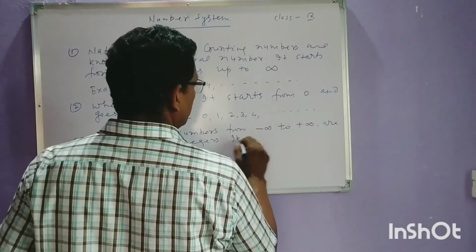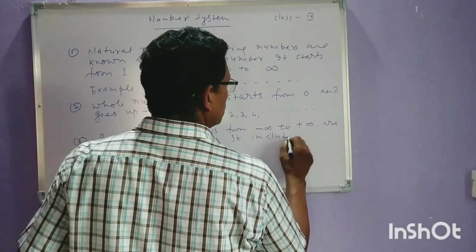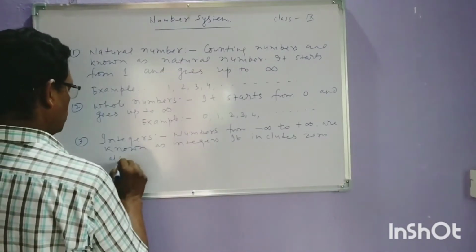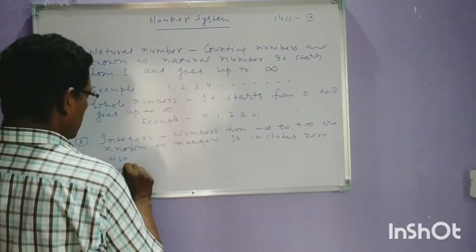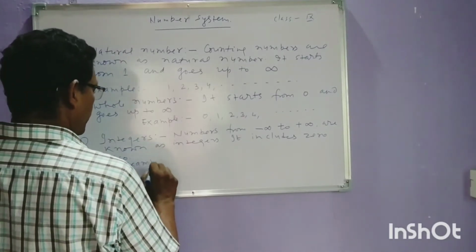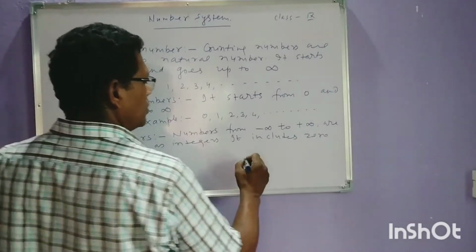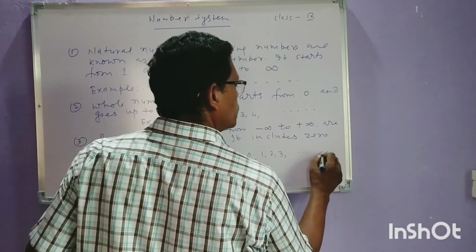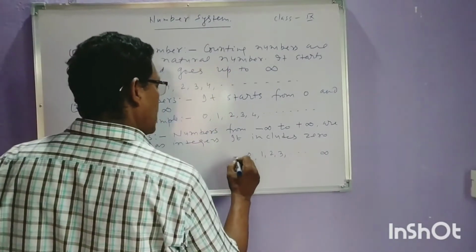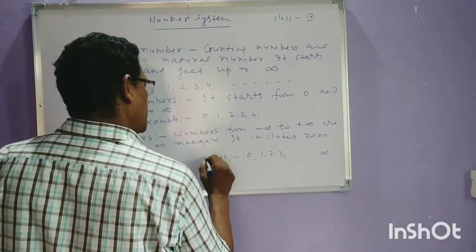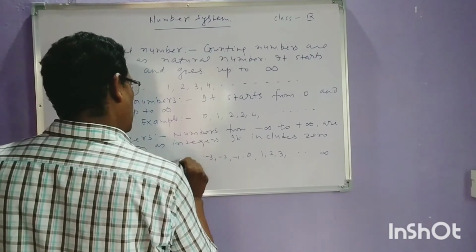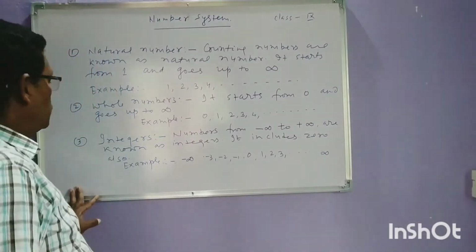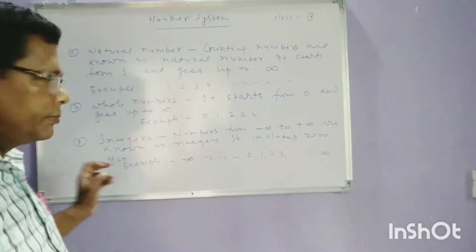It includes 0 also. Example: 0, 1, 2, 3 up to infinity. Then minus 1, minus 2, minus 3 up to minus infinity. So this is your integers.